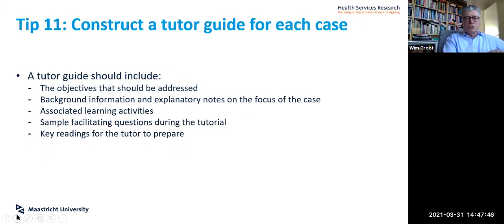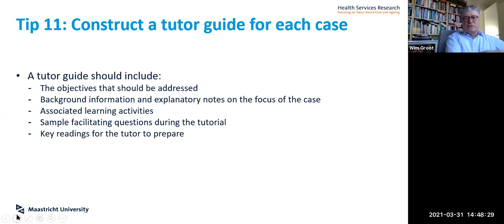And then, of course, these tutors, in order to be able to fulfill their role adequately, and also to assure that if you have multiple tutorial groups for each case or for each block, the same content is being addressed in each of the tutorial groups with different tutors, a tutorial guide or instruction is necessary. And the tutorial guide should include the objectives that should be addressed, and what is eventually the goal of the unit, of the case. What should they leave the pre-discussion of the case with?